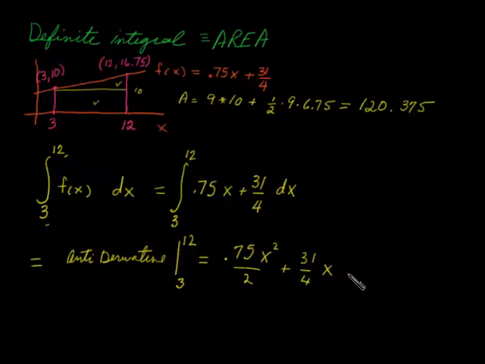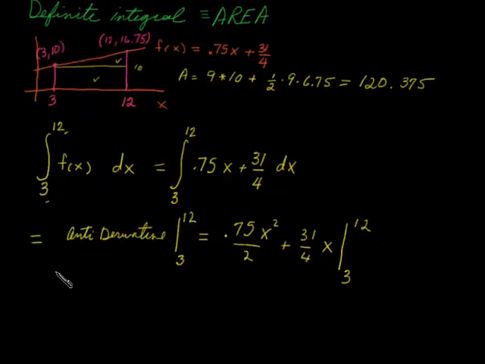I'm going to take the constant c just to be 0. Since it's any antiderivative, I might as well take the simplest one with that constant equal to 0. And then I'm going to evaluate that between 3 and 12. By evaluating, I mean plugging in values.